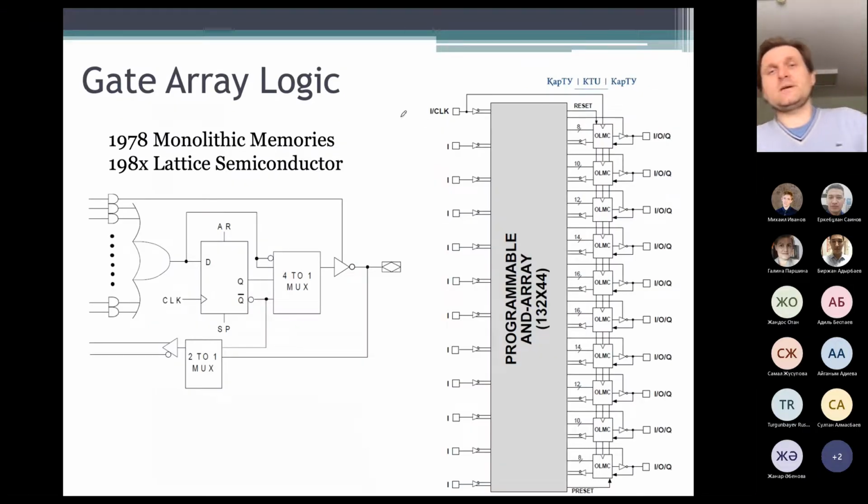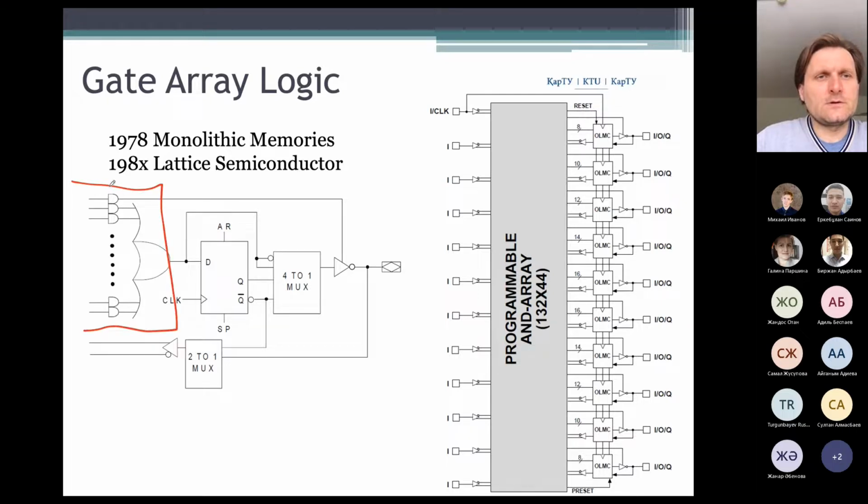Okay, but that was Monolithic Memories which introduced that idea. In digital systems, we very often use registers to remember, for example, state, to remember data, to remember any information, and Monolithic Memories and next Lattice Semiconductor extended the PLA structure for a D latch, and that D latch has two outputs, Q and negative Q, and also we may choose that output of the PLA structure directly or by negative function.